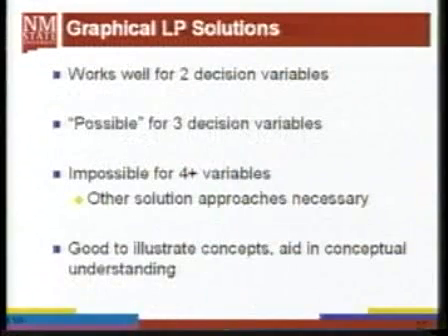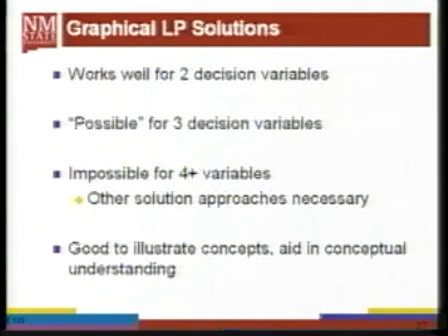Okay, so far we've learned about the graphical approach for LP, linear programming problem, right? And we've learned that the graphical method works very well for LP with only 2 decision variables, okay? Actually, it could be used for 3 decision variables case, but it will be very complicated, okay?